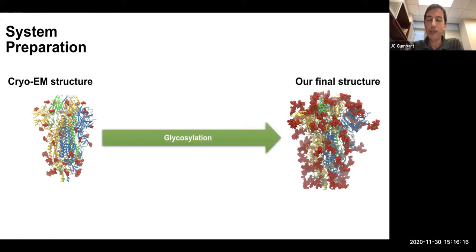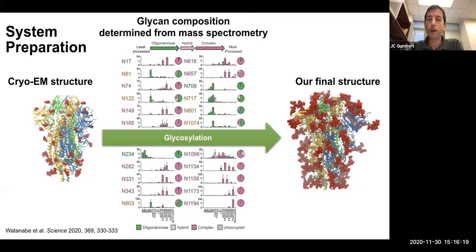To decide what to put at each site, we looked to a lot of the mass spectrometry data, where indeed they find that there are multiple glycans present for a given site, or rather, there are different probabilities of glycans at each site. We typically made our choice by synthesizing from multiple mass spectrometry studies, or by picking the one that was most prevalent at a given site. Although to be clear, you can imagine there is a large number of possible combinations, and in the end we're selecting just one.